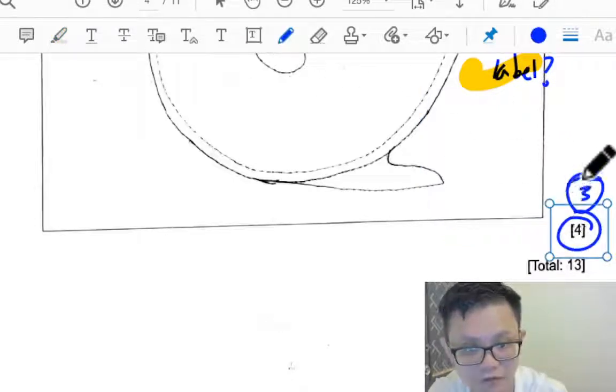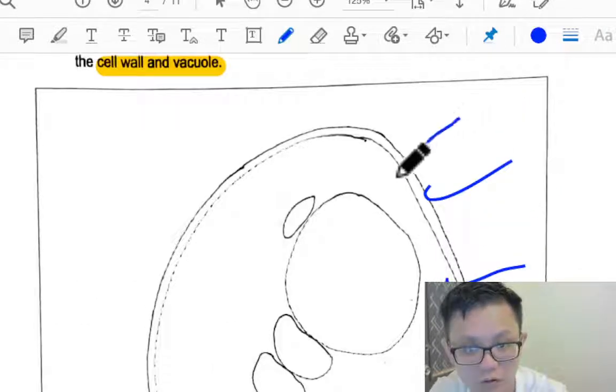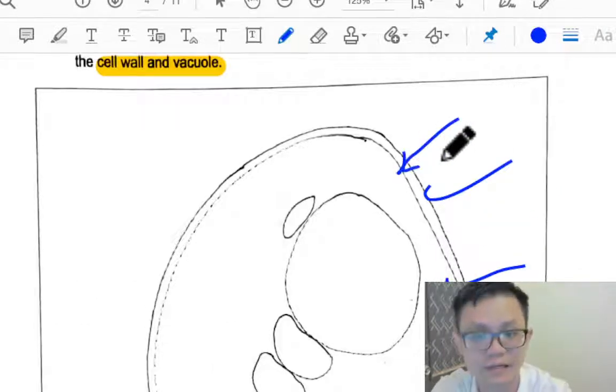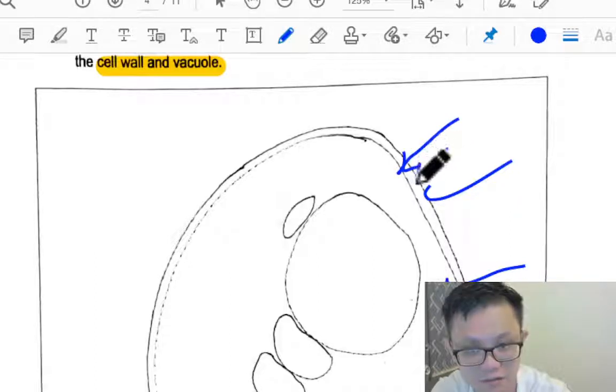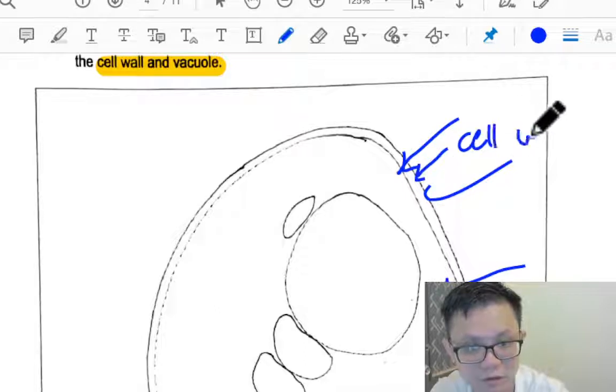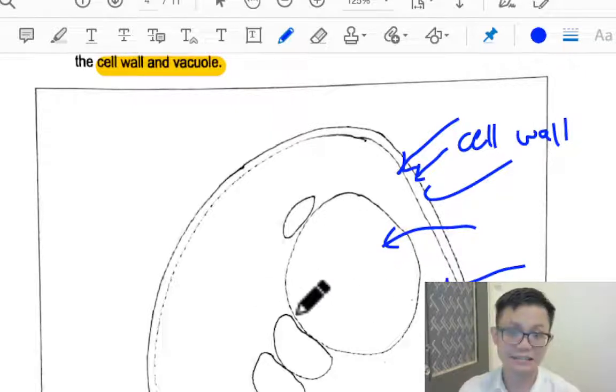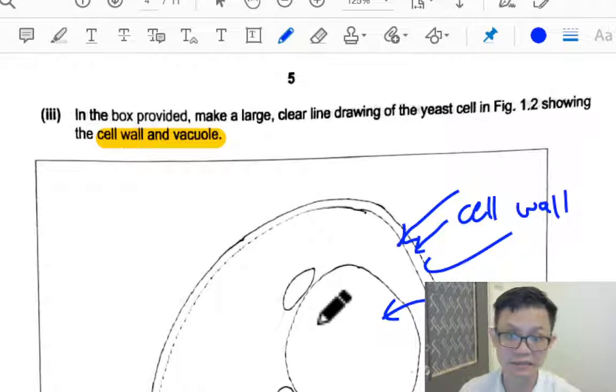This one I'm not sure, but I think it's better to label, like cell wall. You draw properly: cell wall is here, cell membrane is here, cell wall and vacuole. You just label it, because if you label it, it is still correct. You cannot be given wrong because it is labeled.